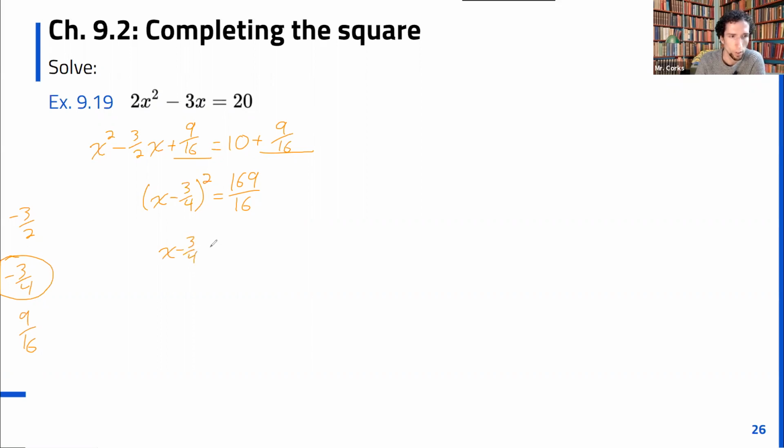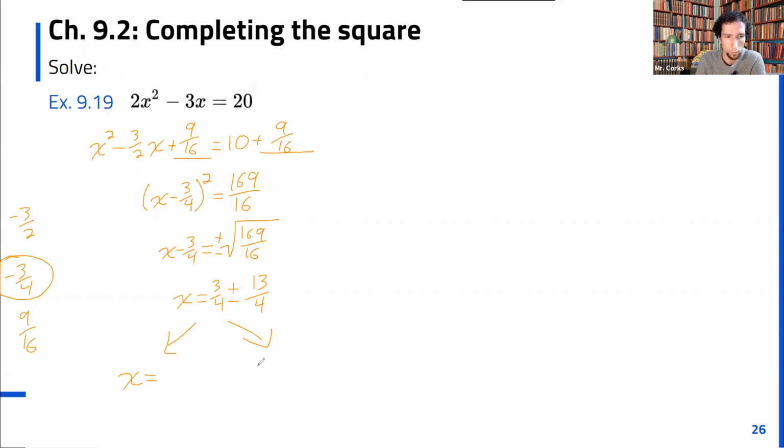3 over 4 and the square root of this, 169 over 16, plus minus. What is that? 169 over 16, sorry, the square root is 13 over 4. So 3 over 4 plus minus 13 over 4. And if we work this out, we have our 2 solutions.